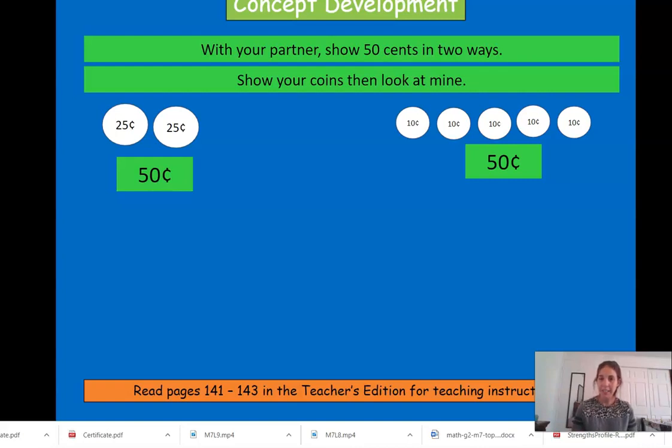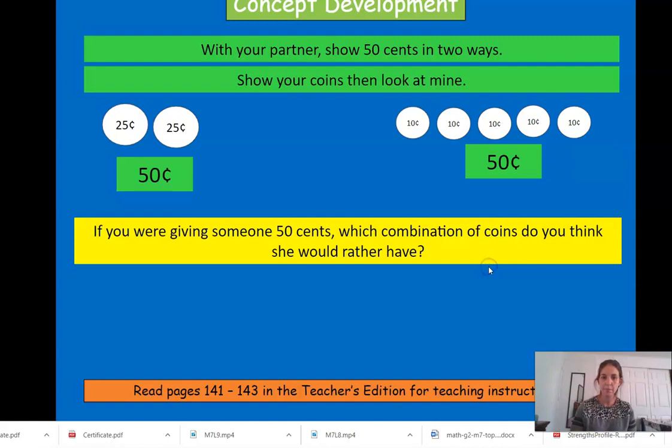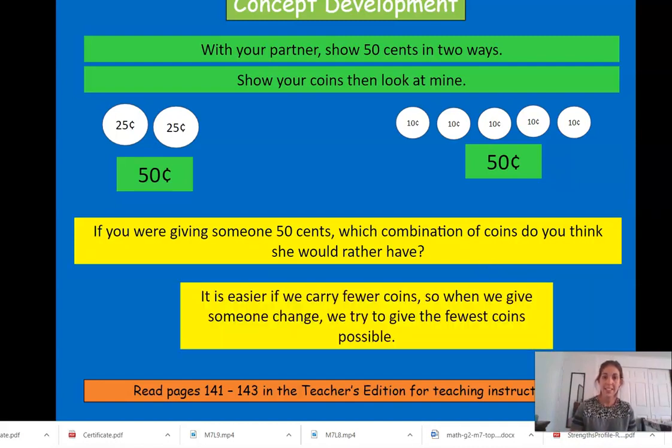If I were trying to give you some money, which one would you rather me give you? Which one would be easier to carry in your hand? 2 quarters or 5 dimes? Which one do you think would be easier to carry? It's easier if we carry fewer coins.